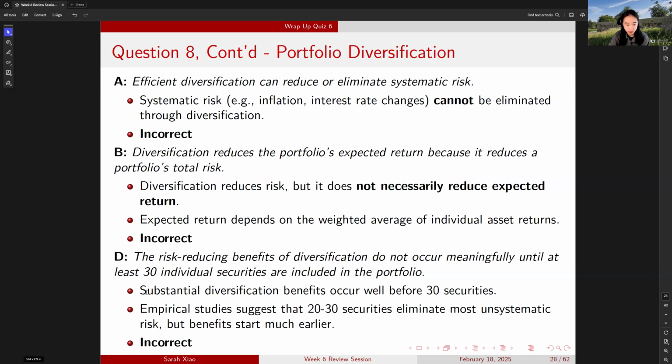According to empirical studies, 20 to 30 securities actually eliminate most unsystematic risk, but the benefits start much earlier, before 30 individual securities. So this one is also incorrect.